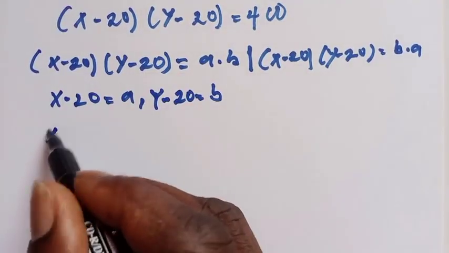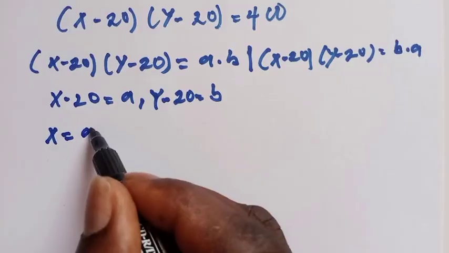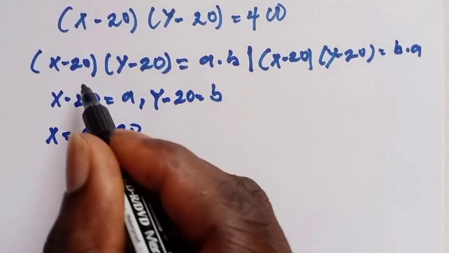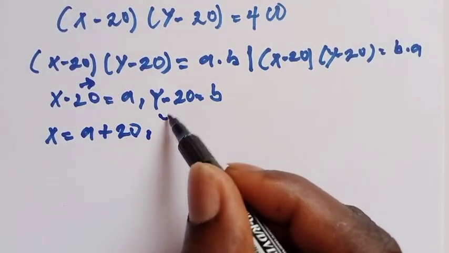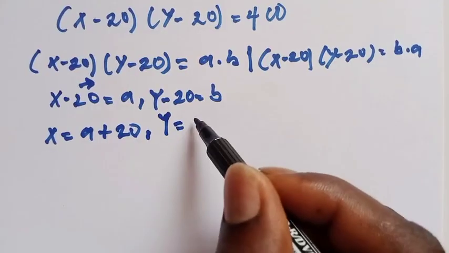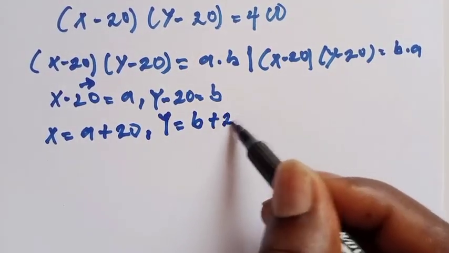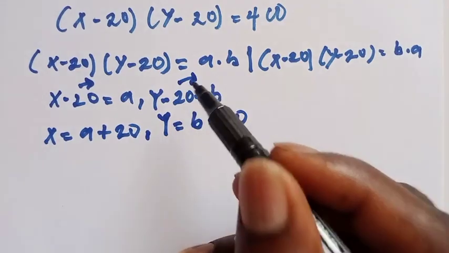So x will be equal to a plus 20 if 20 comes to this side, and then this one brings us to y is equal to b plus 20 if 20 comes here.